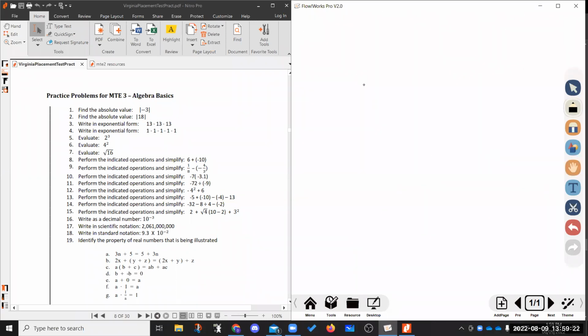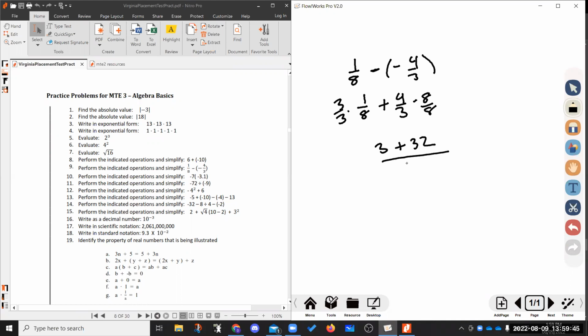Number 9 asked me to perform the indicated operation: 1/8 minus a -4/3. Well, when I subtract a negative, that's the same thing as addition. Now I'm going to have to make a common denominator, which is going to be multiplying this one by 3/3 and this one by 8/8 to get 3 plus 32/24, which is 35/24.